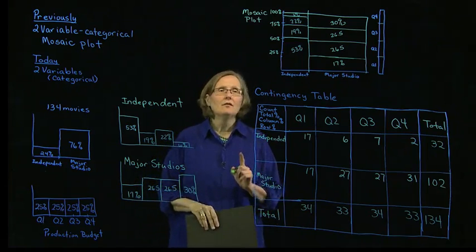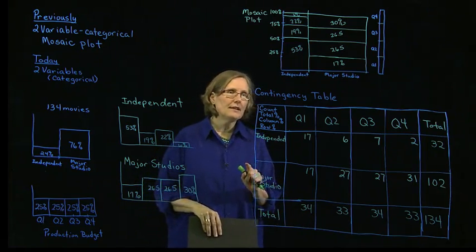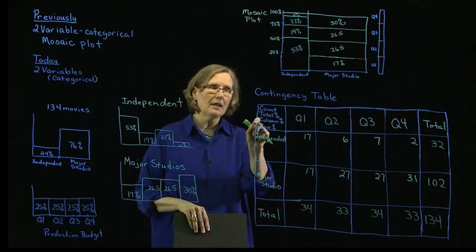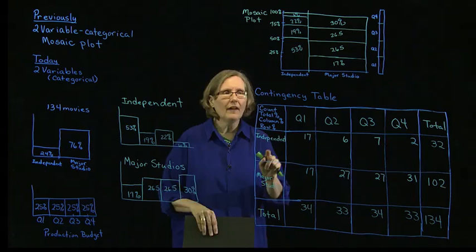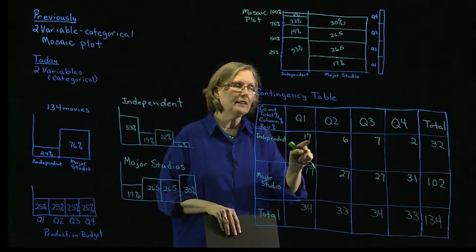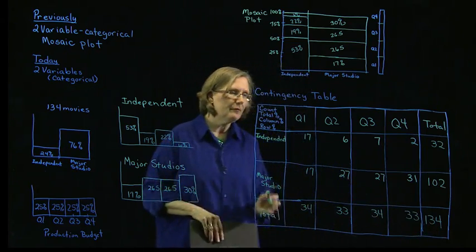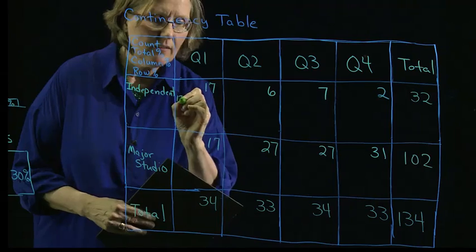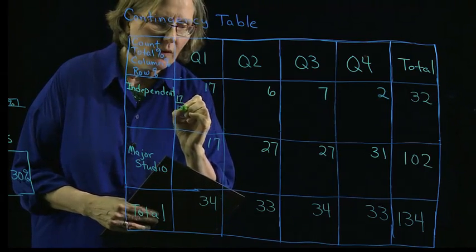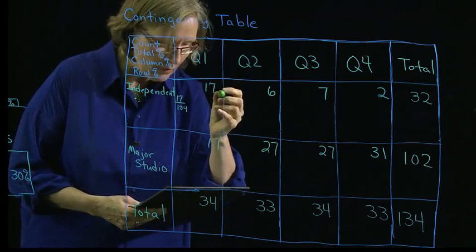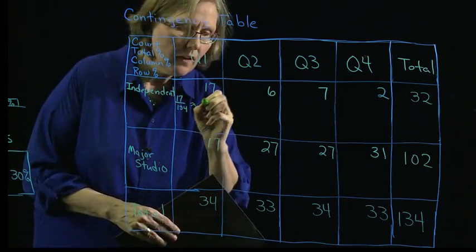Our second number in our contingency table is what's called a total percent. It's simply, of the observations that fell in a cell, what percent of total movies they represent. So 17 over 134 is equal to about 13%.